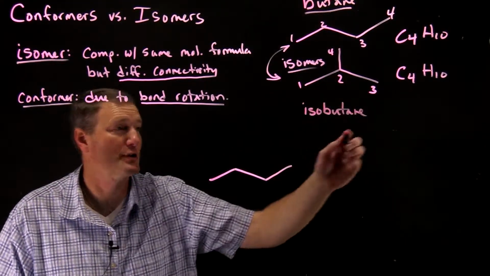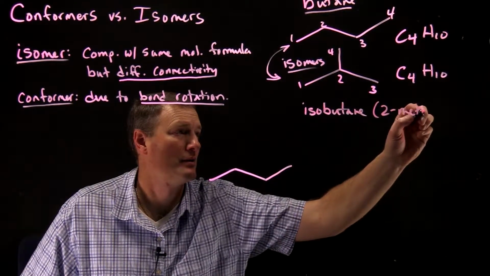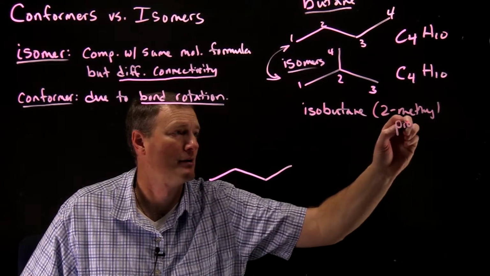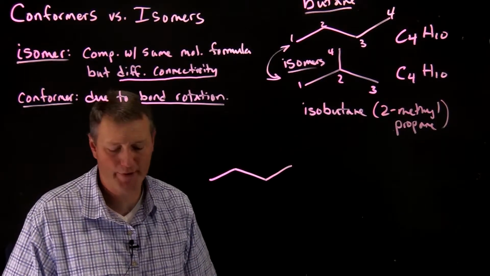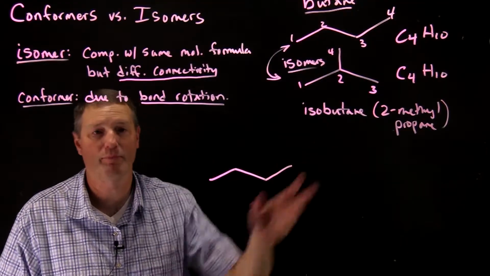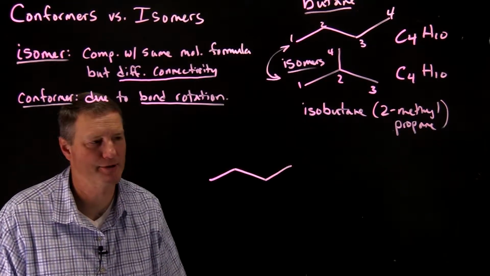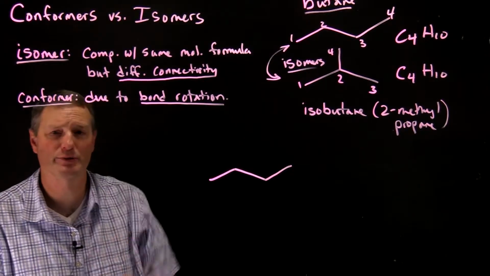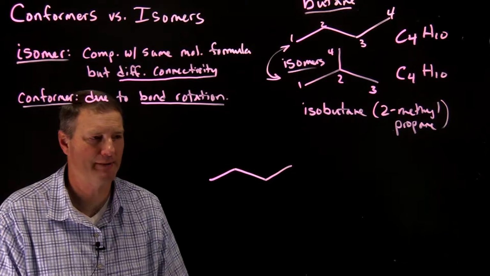Or I could also name it 2-methylpropane. And that's a good rule of thumb. If molecules have a different name but have the same molecular formula, they typically are going to be related as isomers.